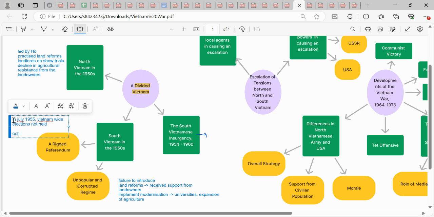the referendum to remove Bao Dai, who is the former emperor, as head of state, and then he appointed himself.